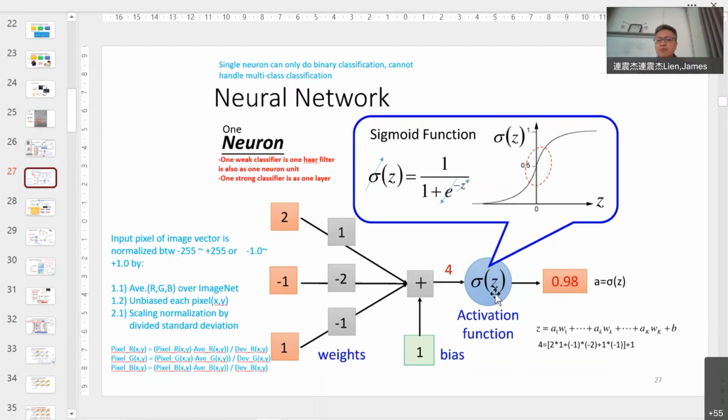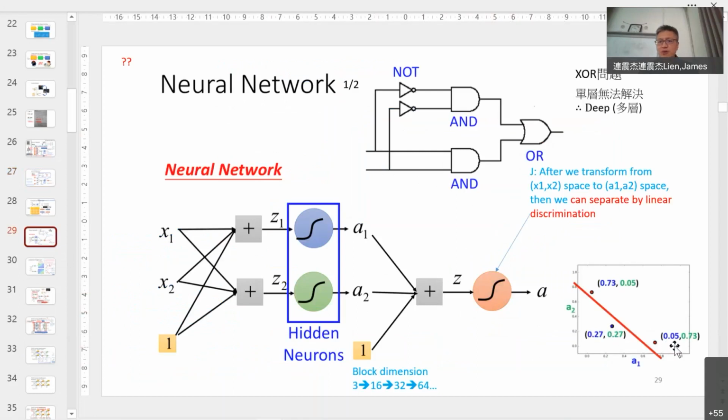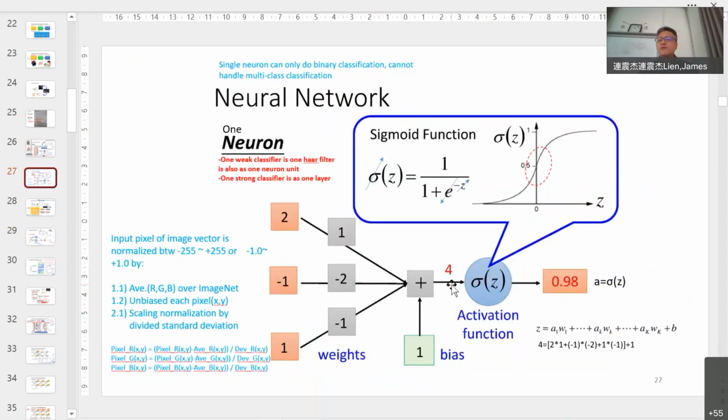For example, there is a simple sigmoid function here, and we'll explain this one later. Use this example. The other purpose of the activation function is to try to separate to either 0 or 1.